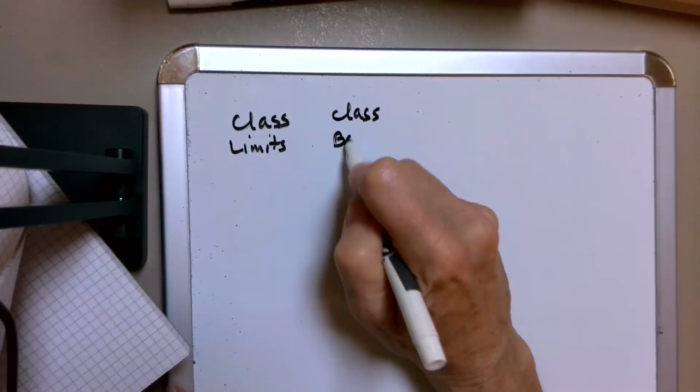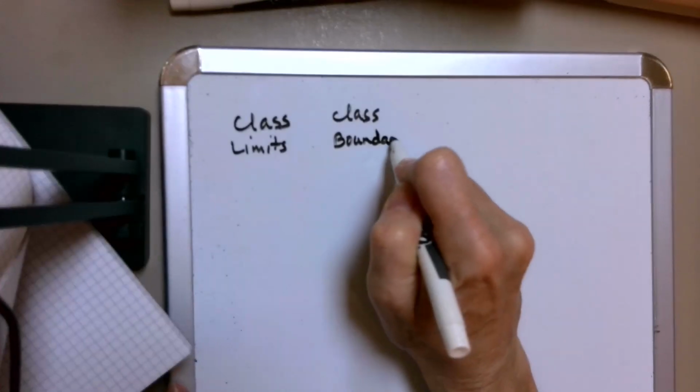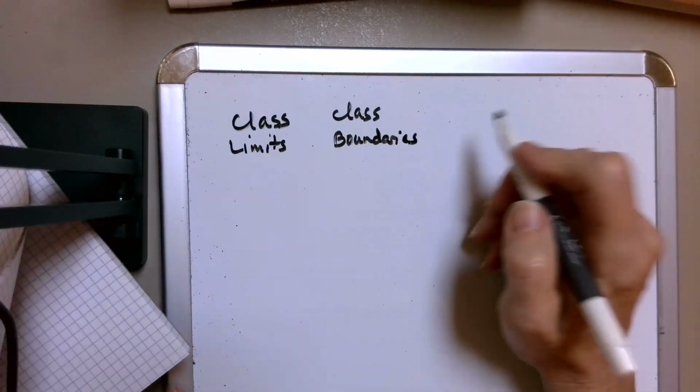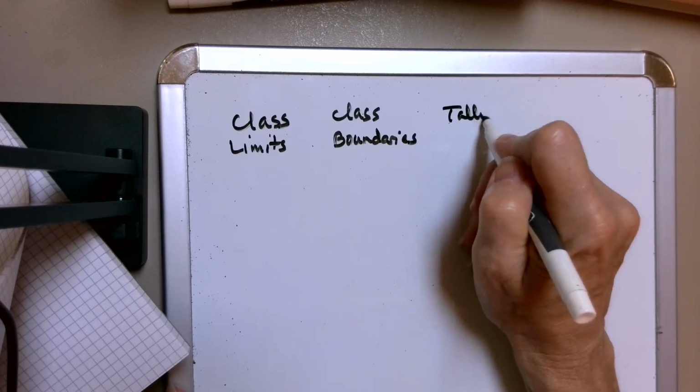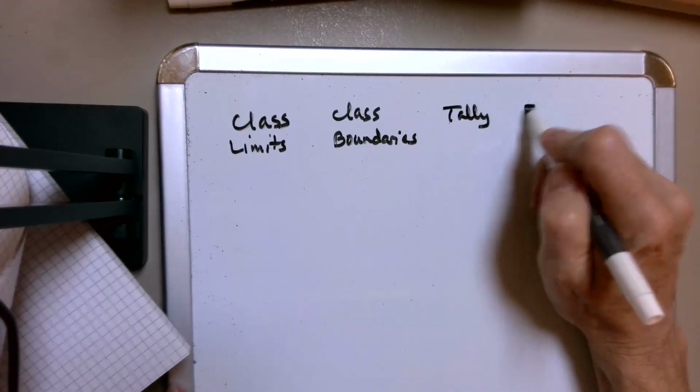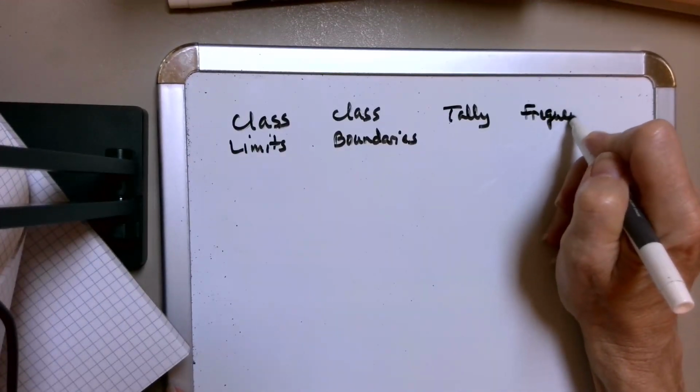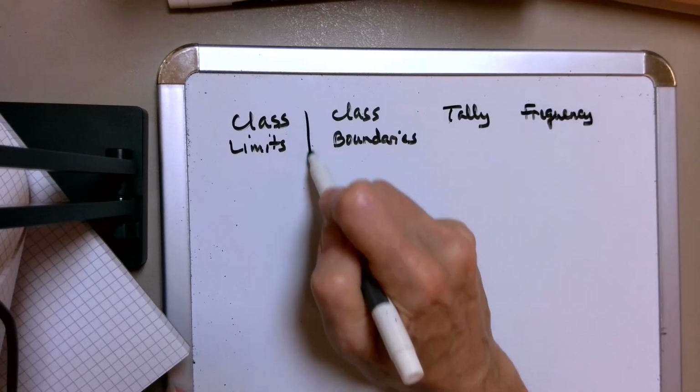We'll talk about that in a minute. We want to count them up, so the tally, and then using the tally we'll do frequency, as we did in the previous example.